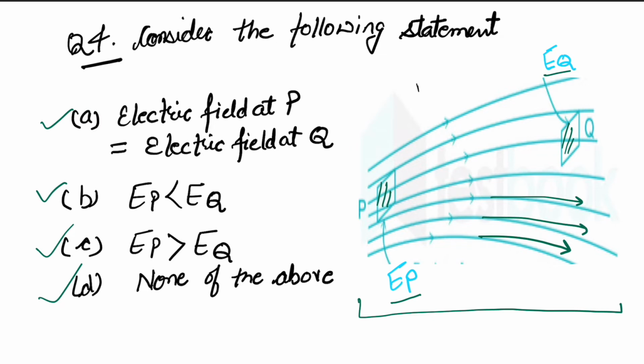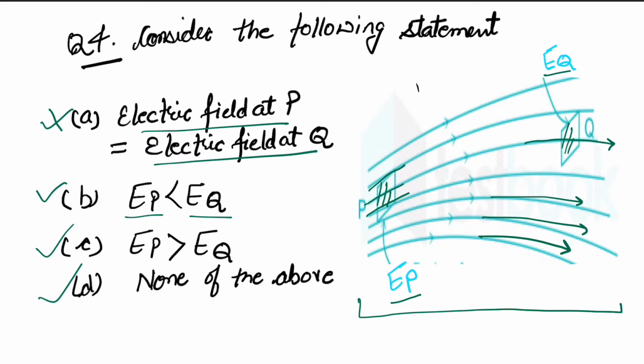As the lines are curved, the electric field is changing its direction. It means the first option is wrong. In case of a non-uniform field, the electric field at point P cannot be equal to the electric field at point Q. Second option, electric field at point P is less than the electric field at point Q. At point Q, you can see that only one electric field line is passing through it, while in case of P, you have almost 3 lines in the area.